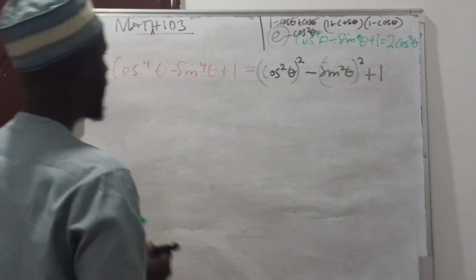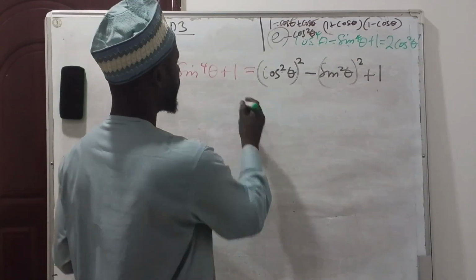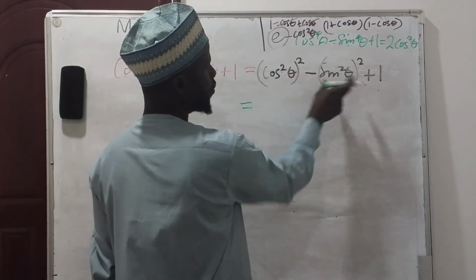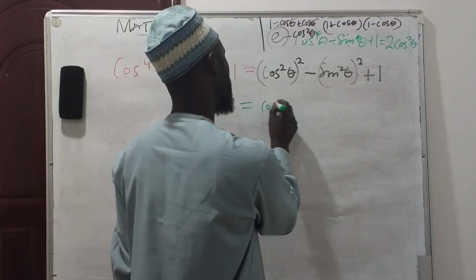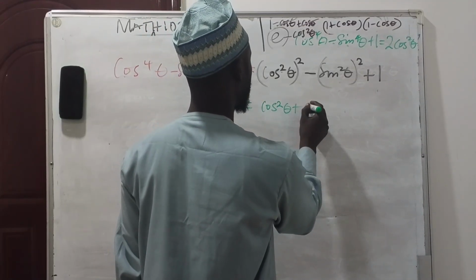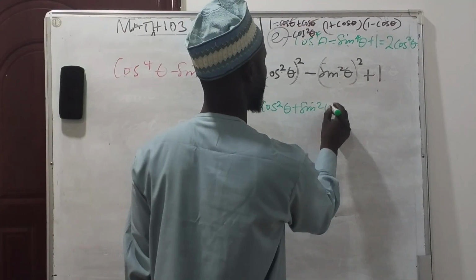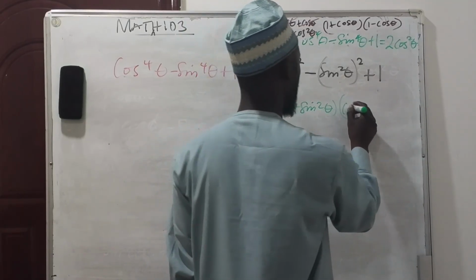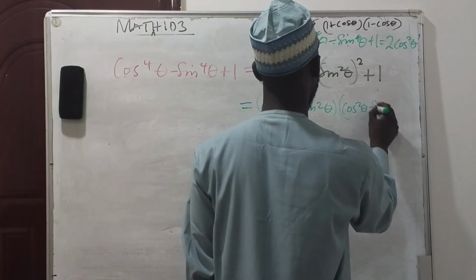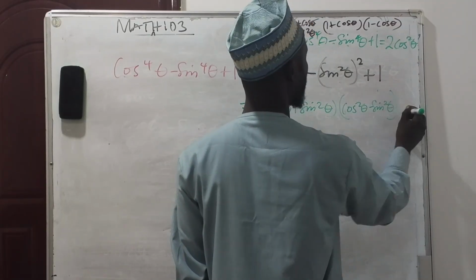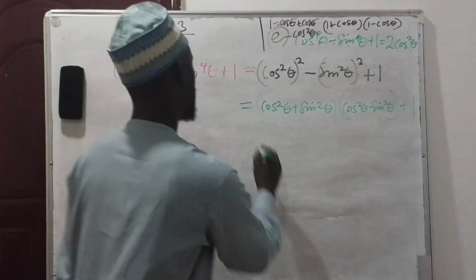Using the difference of two squares, this is cos square theta plus sin square theta times cos square theta minus sin square theta, plus 1.